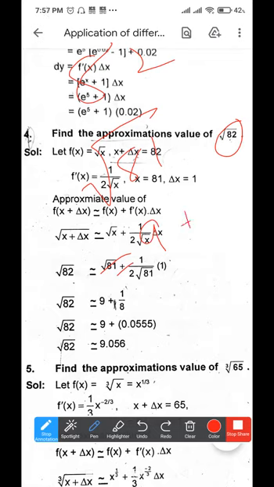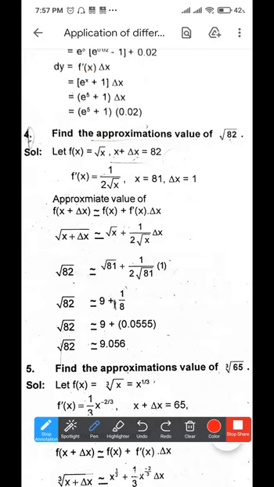So we are taking delta x as 1, the error as 1, and x as 81. We are splitting 82 into 81 plus 1. So f of x plus delta x is equal to f of x plus f dash of x into delta x.